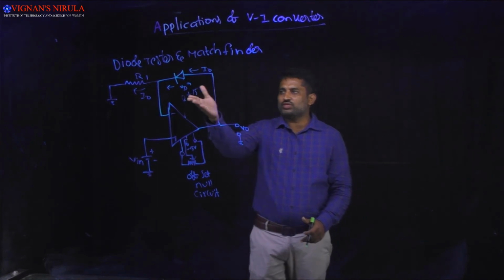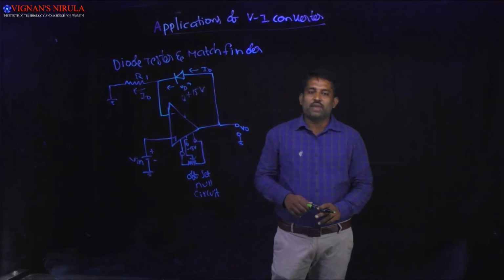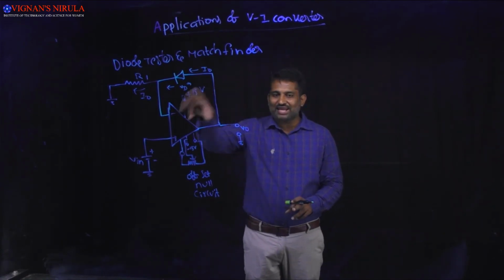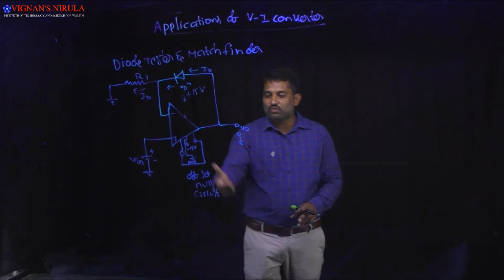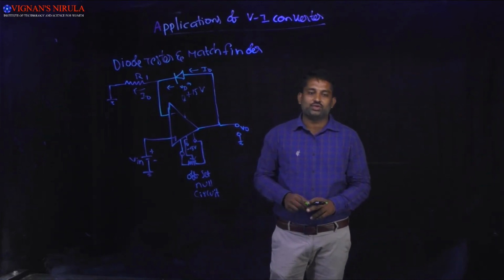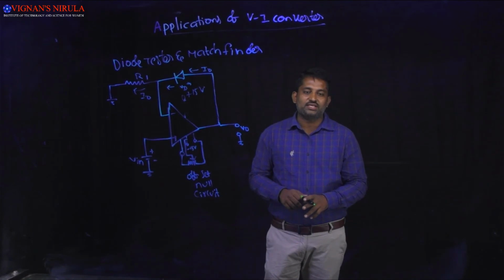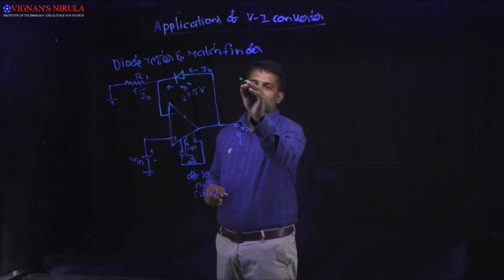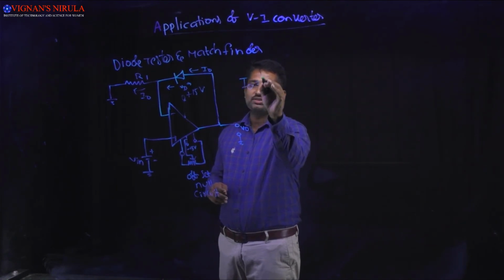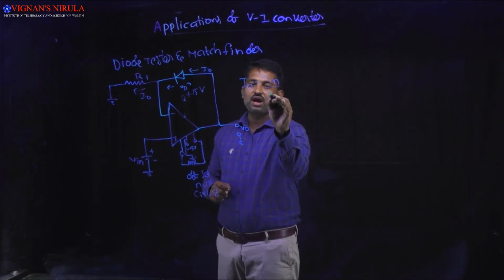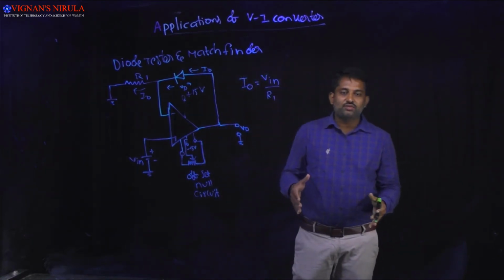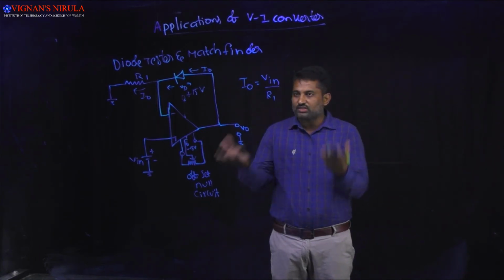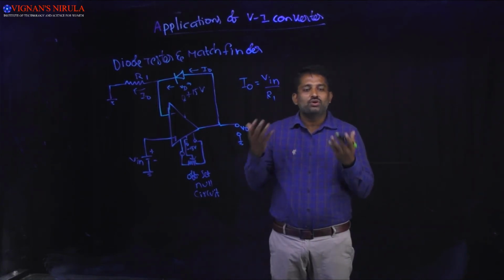Initially we have to nullify the errors which are present in the op amp with the help of offset null circuit, and the output current is set with the help of input voltage and resistance, which is nothing but I naught is equal to V in divided by R1, as long as input voltage and the resistances are constant. So obviously the output current is also constant.